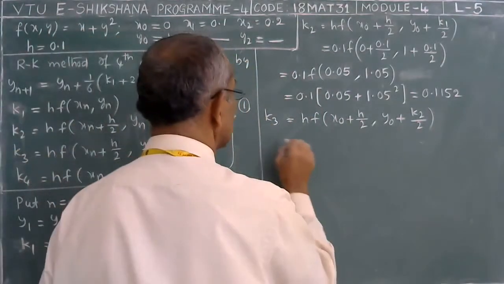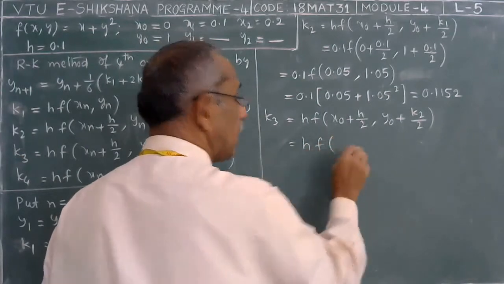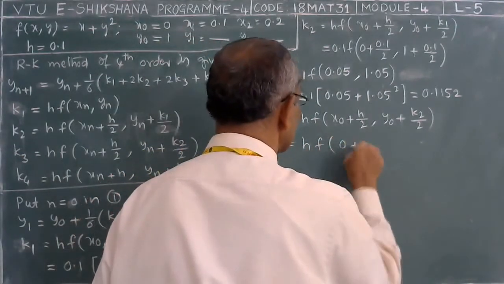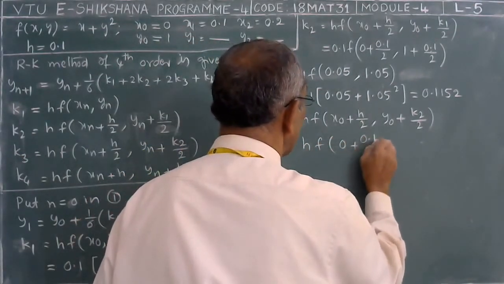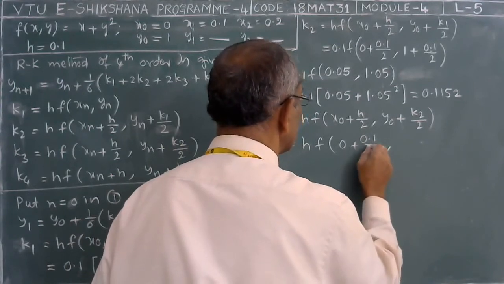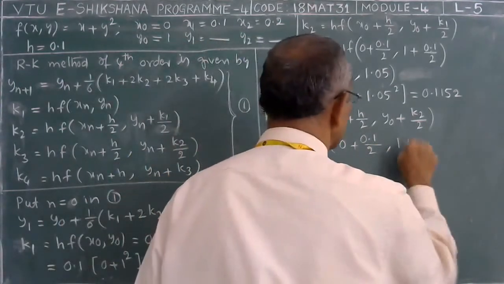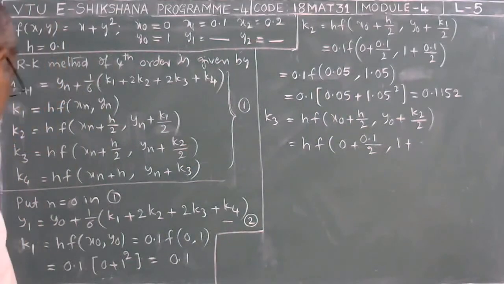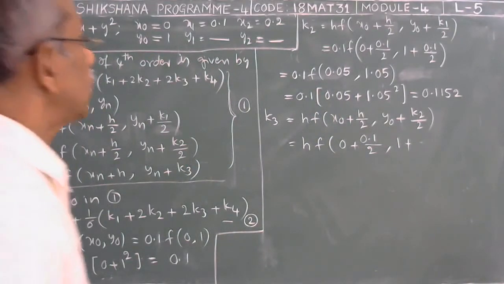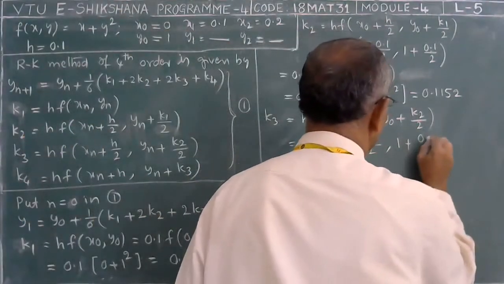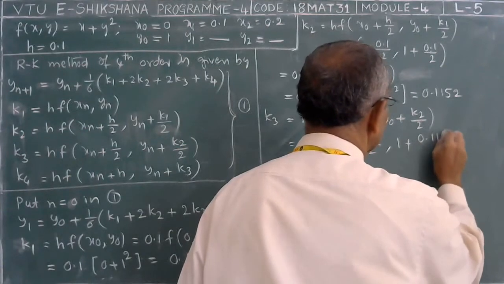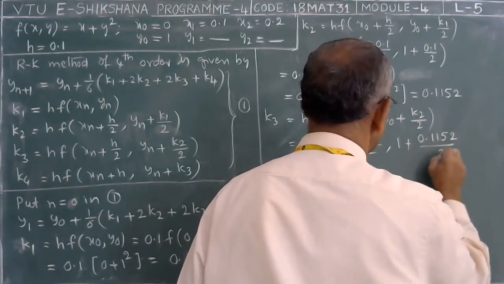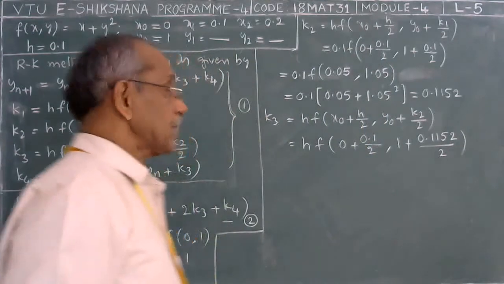Now substitute the values. h into f of 0 plus 0.1 divided by 2, 1 plus k2, which is 0.1152, divided by 2.